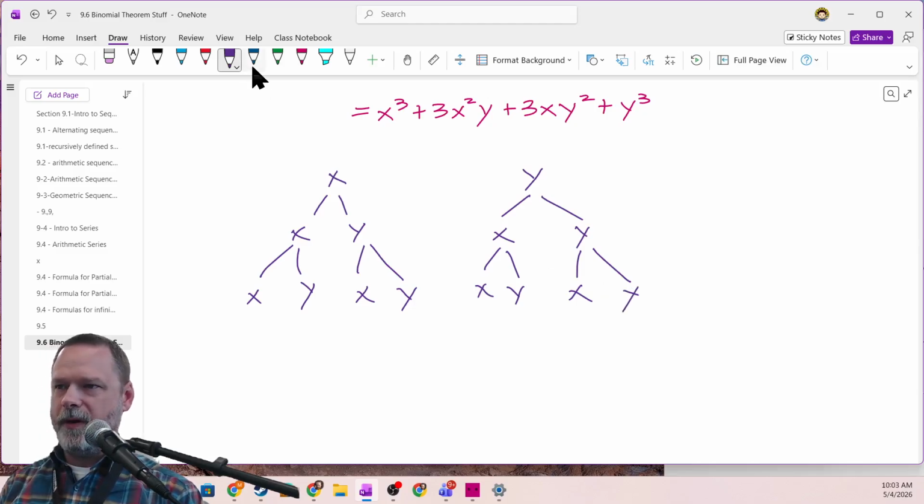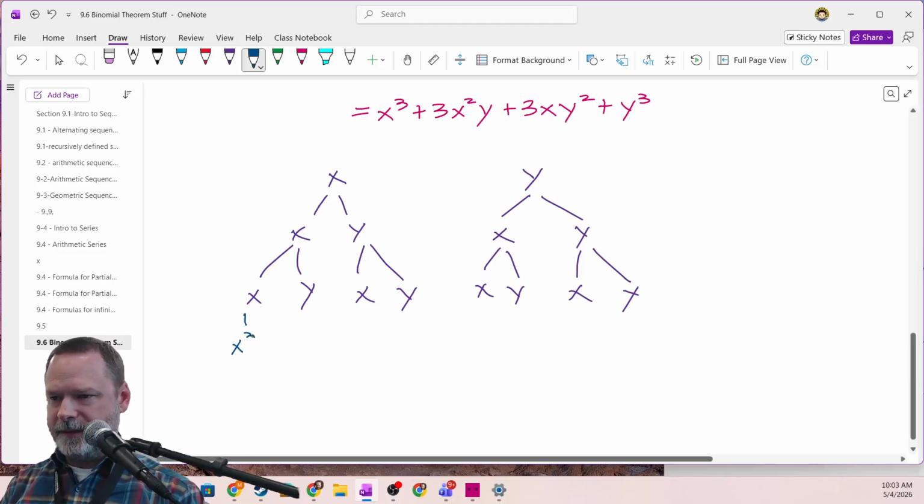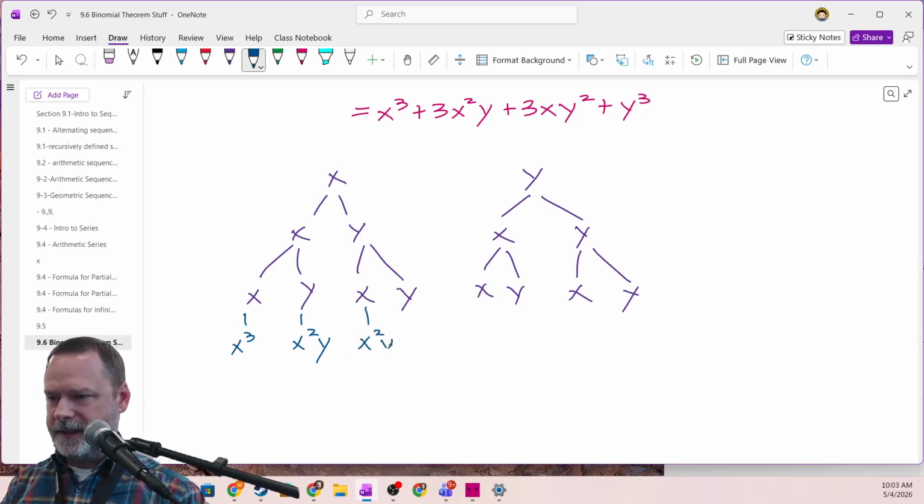And I would know all my possible outcomes: x times x times x, x cubed; x times x times y, x squared y; x times y times x, x squared y; x times y times y would be an xy squared.